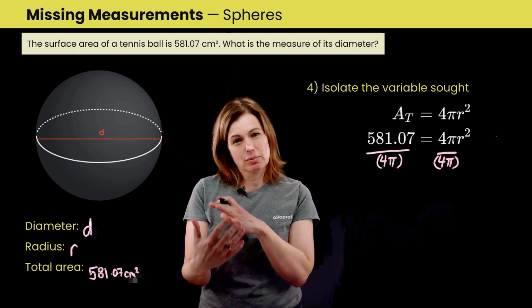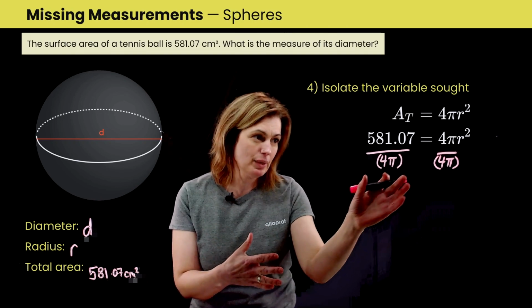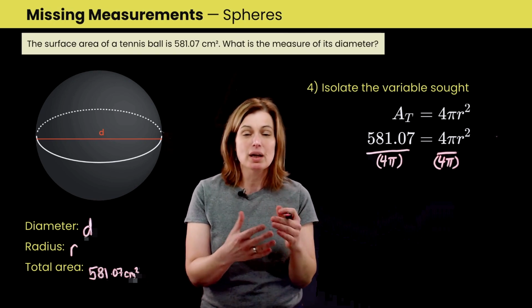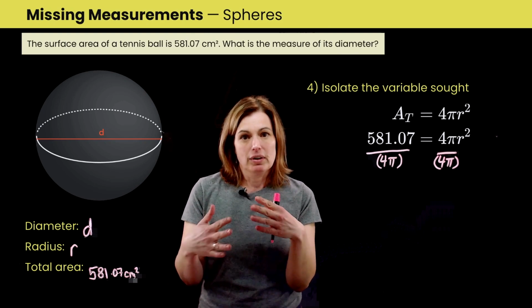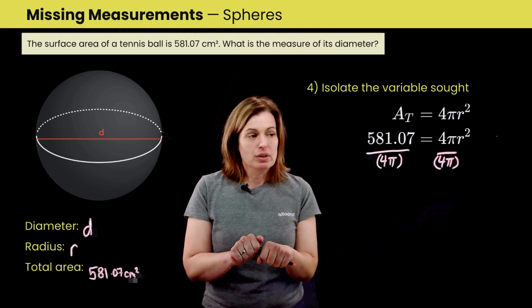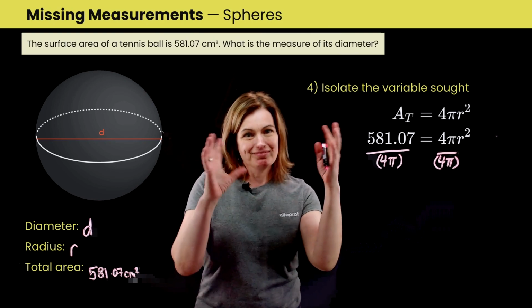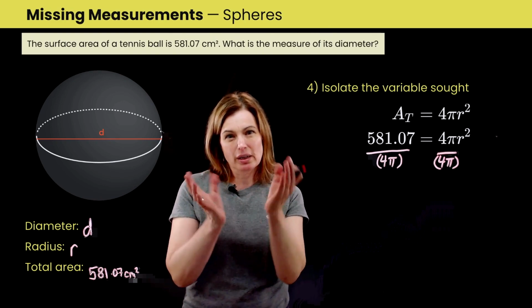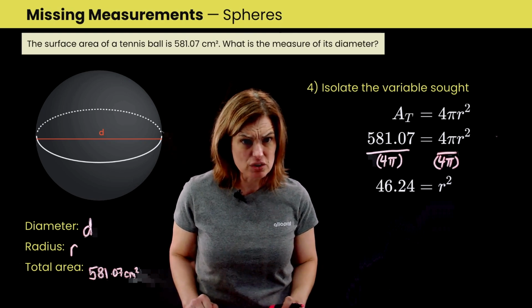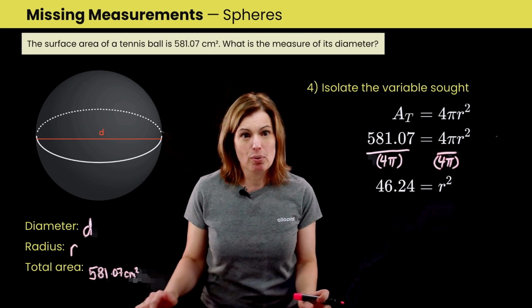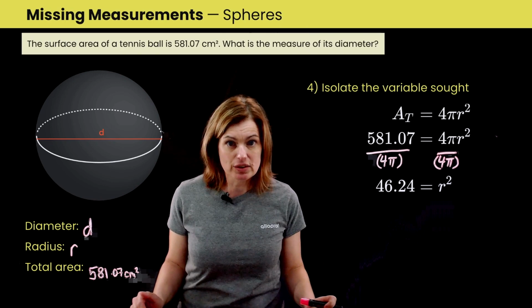You might have noticed in the previous example, I didn't put my brackets around it. It actually doesn't matter when we're writing it out. Both of them mean 4 times pi, or in the other case, 6 times pi was the other example. It's just a little reminder to you guys that sometimes your calculator likes you to do that in order for the calculation to go well. So we have 46.24 is equal to the radius squared.